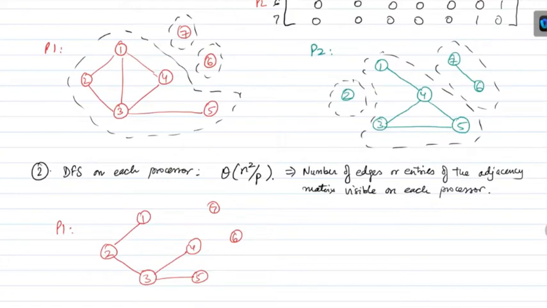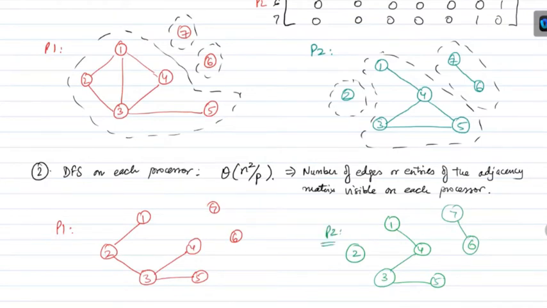And what about P2? Well, if I start from 1, I will build 1, 4, 3, 3 will connect to 5. Yeah. And 2 will be a separate vertex, and 6, 7, yeah. This will be the forest on P2.